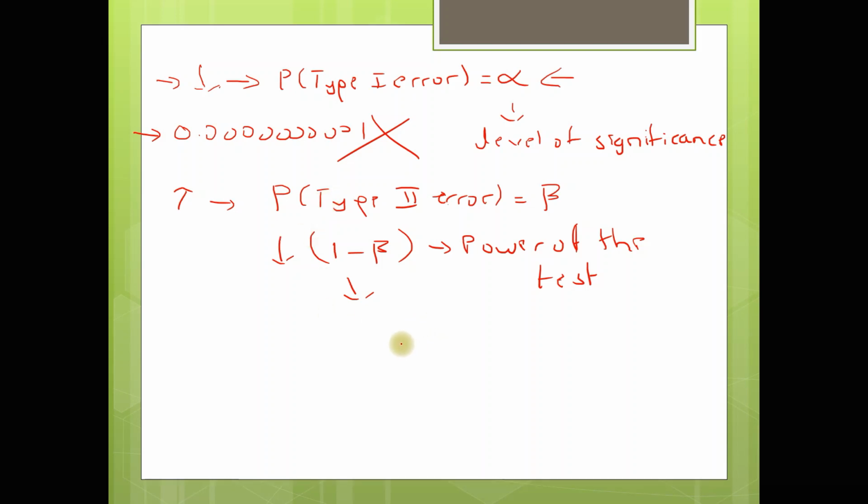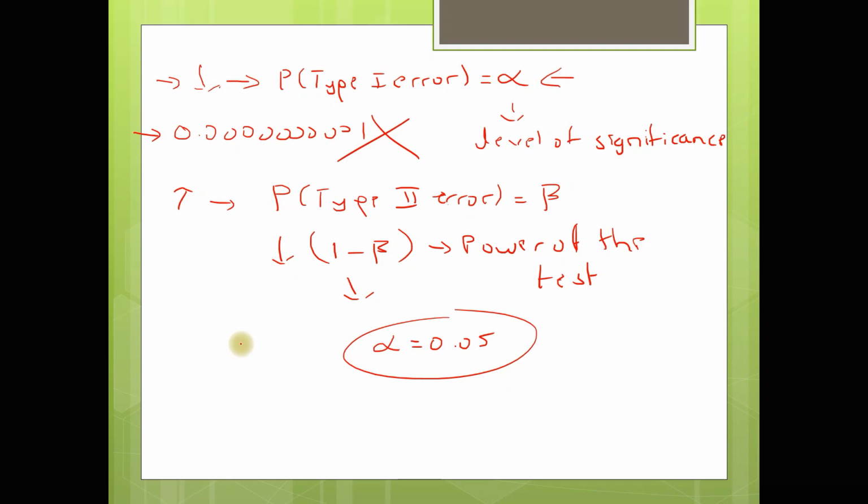This is why, in many exercises, in many questions on hypothesis testing, you will see a level of significance of 0.05 is set. Very often you will see this. It's a kind of standard that is used, because this value is not too small and not too big. So it is a kind of balance that will ensure that your test is generally powerful and your level of significance as well is not bad.